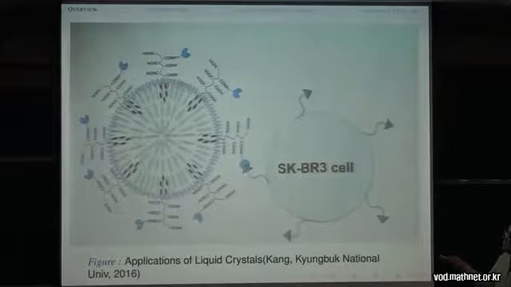They make a sphere-like shape and put some polymer on the boundary, so the polymer fixes the boundary conditions. The molecules align perpendicular to the boundary, and when you move this around, it actually catches breast cancer cells. So they try to use this technique to detect cancer cells.